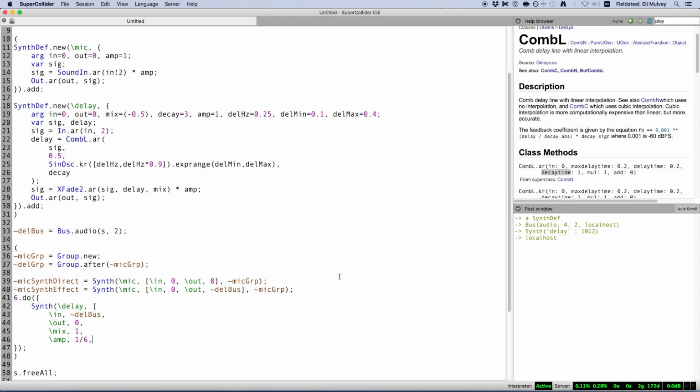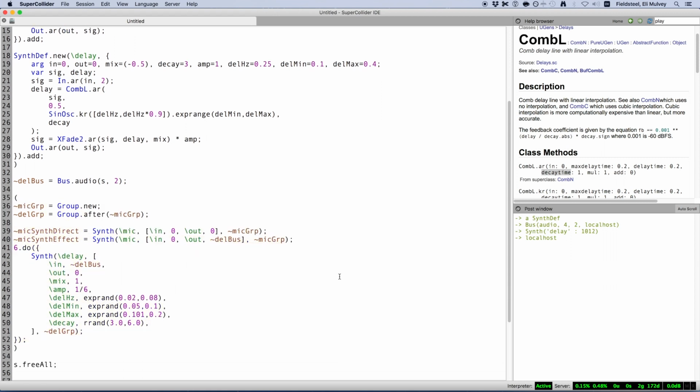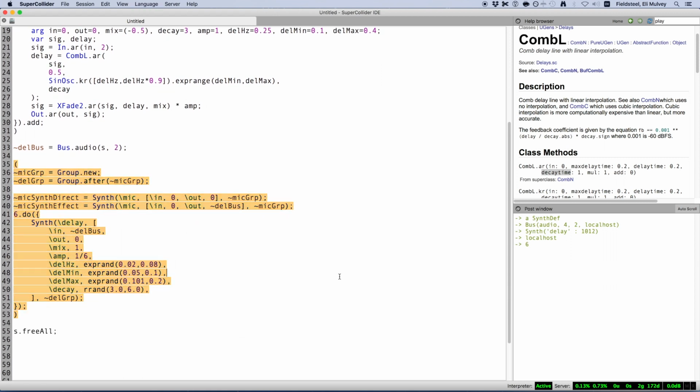Maybe a little lower wouldn't be a bad idea, but to start, this is probably going to be fine. And for the delay and decay parameters, I'm going to use some randomness so that each of these 6 delay synths is slightly different. But of course, we want to make sure that we don't exceed the maximum delay time of 0.5 seconds.